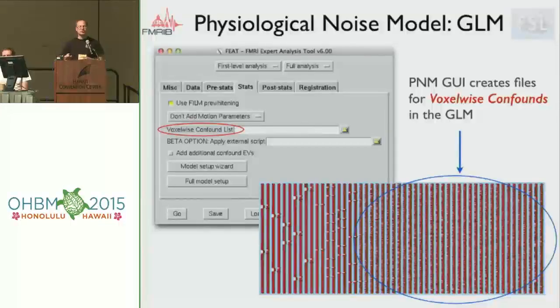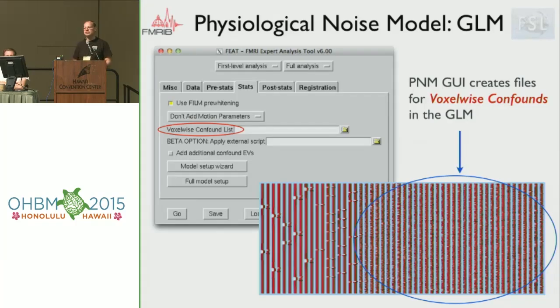What we do in terms of where it fits in the pipeline is that we don't do it early on. We have it as a separate step where you go into PNM, analyze the traces, and it generates a whole set of regressors which go into the GLM. These regressors are what we call voxel-wise confounds, but the important thing is that they vary by slice, because the slice timing is different and the cardiac rate is much higher than lots of other things.